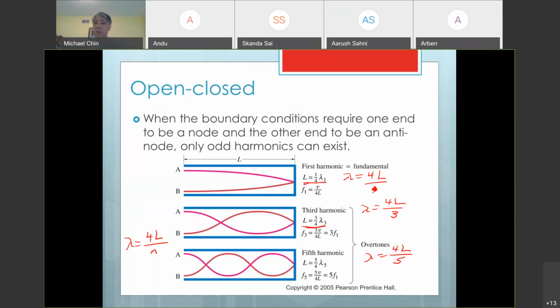Frequency is just the multiplication. Here we have the third harmonic, the fifth harmonic, just multiples of the first harmonic. The formulas are easy to derive. Then simply applying v equals f lambda after that gets you everything else that you need.